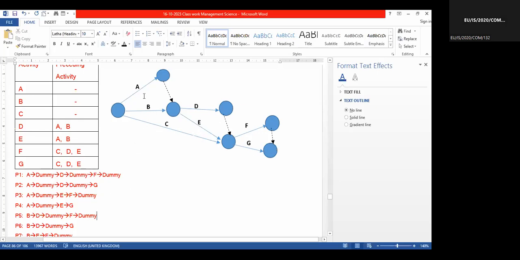Then second one, A, dummy, B, dummy, G. Then third one, A, dummy, E, F, dummy. A, dummy, E, G.